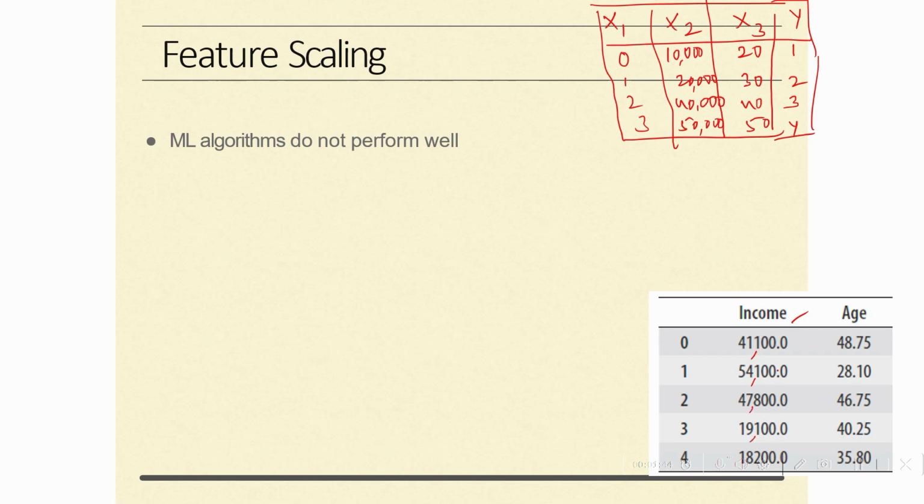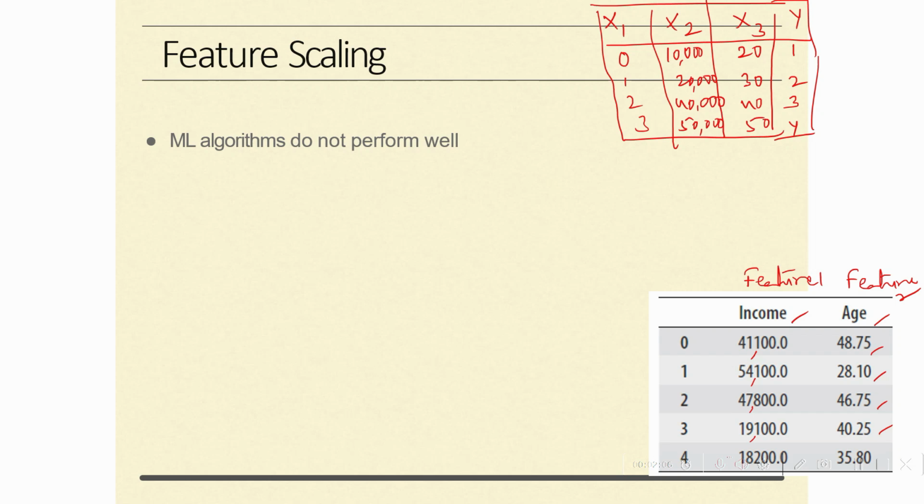But coming to the age group, it contains 48.75, 28.10, 46.75, 40.25 and 35.80. All these are called features, feature 1 and feature 2. So here also we have different features.